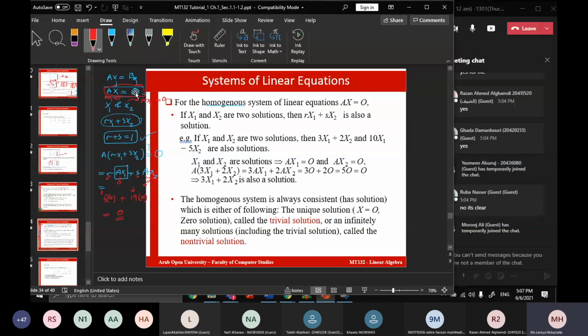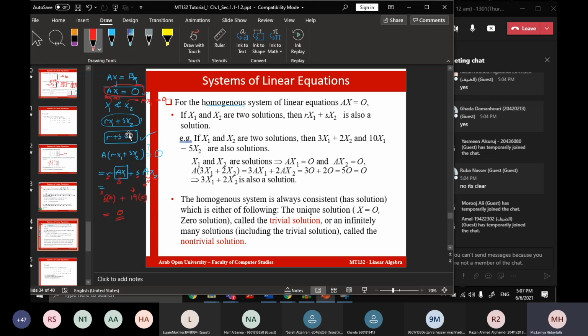So in this case we will have many solutions, infinitely many solutions, and in particular if x1 is a solution and x2 is a solution also, for any real number r and any real number s, r x1 plus s x2 is a solution. Okay, and these are the examples: 3 x1 plus 2 x2, where A x1 is 0 and A x2 is 0, so 3 times 0 plus 2 times 0 is 0, so this is also a solution. Okay, so the sum of R and S is not necessarily equal to one.